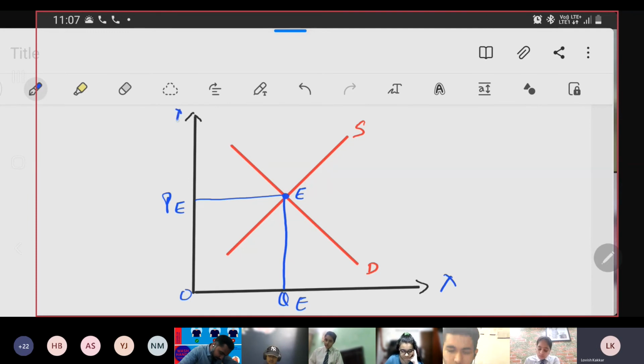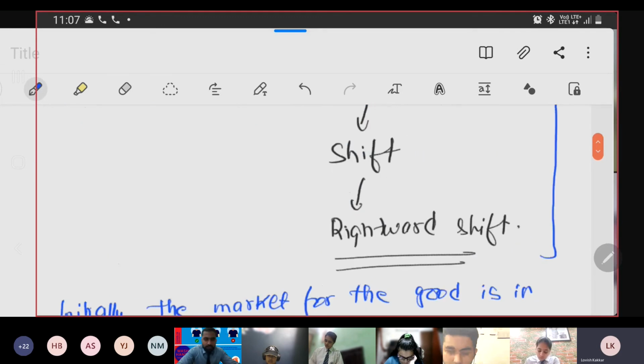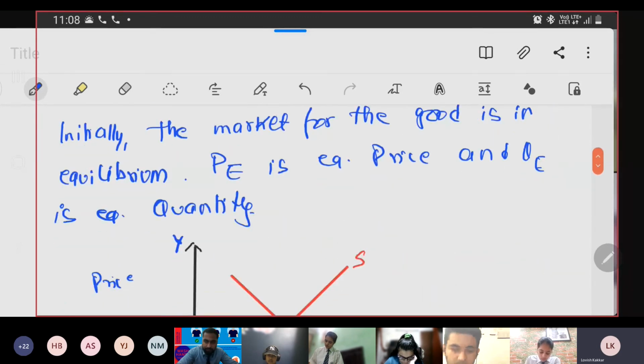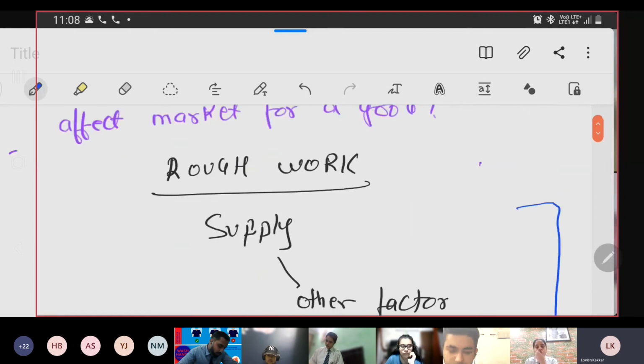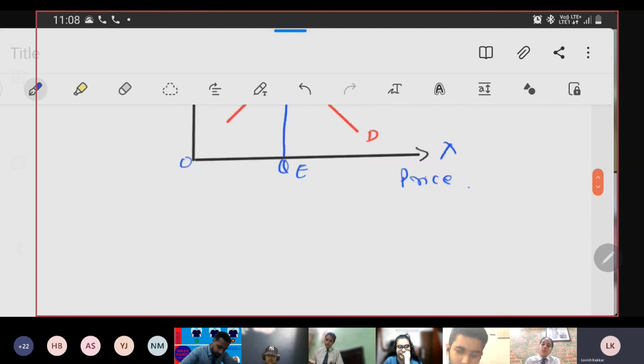Do not forget to write these x-axis, y-axis. Okay, now once you write this first paragraph, you make the diagram according to the first paragraph that we write. The next thing you got to do is go back to the question and start framing your answer now. How does improvement in technology affect market for a good?